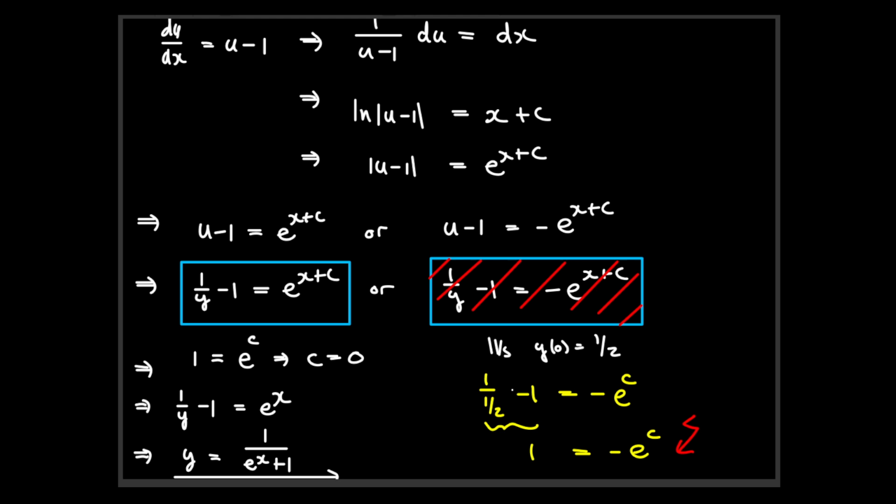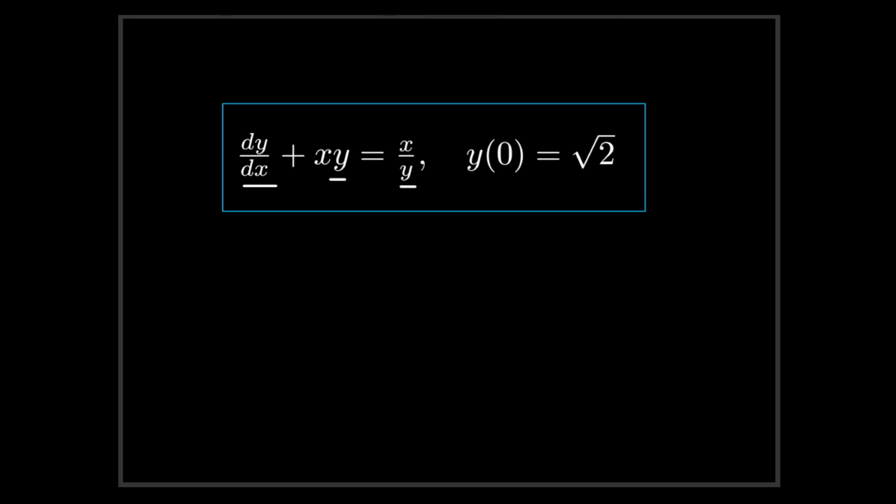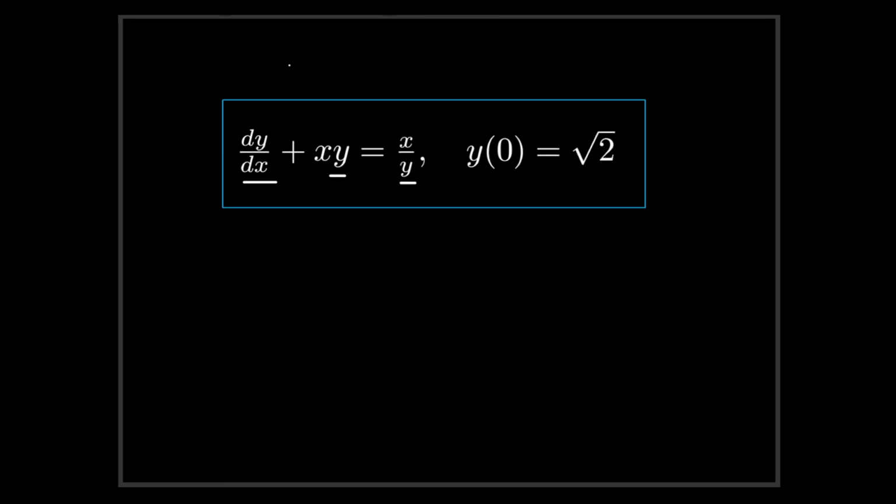Okay, let's just do one more example to solidify the technique here. So let's solve this equation and see which kinds of functions satisfy this differential equation here. All right, so the first thing to do is to recognize this as a Bernoulli differential equation.